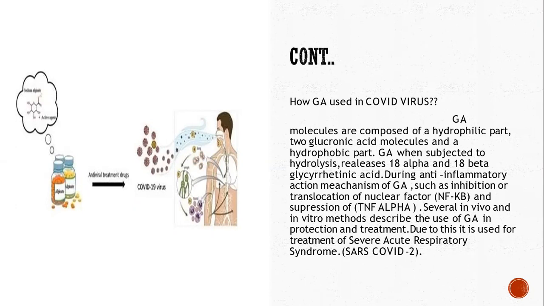Due to this, it is used for the treatment of severe acute respiratory syndrome, SARS-CoV-2. The structural derivatives 18 alpha and 18 beta glycyrrhetinic acid promote the inhibition or translocation of nuclear factor and suppression of TNF-alpha, which is used for the treatment of the COVID virus.